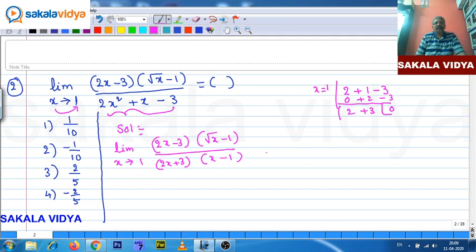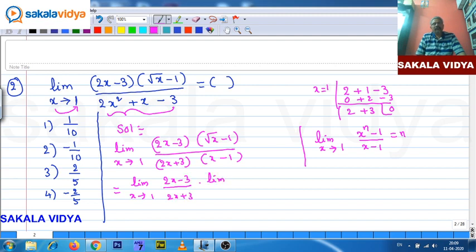Here actually we have one formula: limit x tends to 1, x to the power of n minus 1 by x minus 1 is n. The limit can be applied to the two functions: limit x tends to 1, 2x minus 3 by 2x plus 3, into limit x tends to 1, x to the power of 1 by 2 minus 1 by x minus 1.